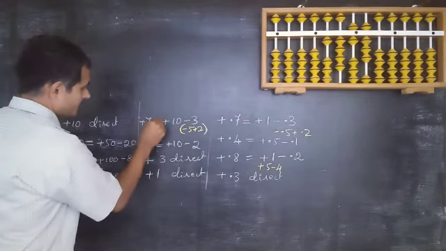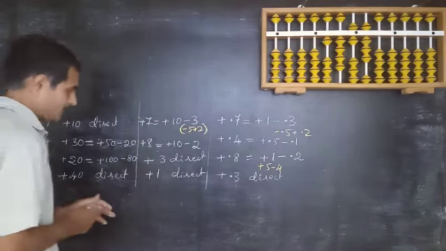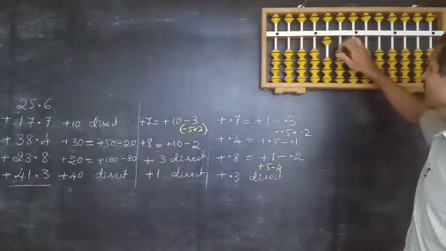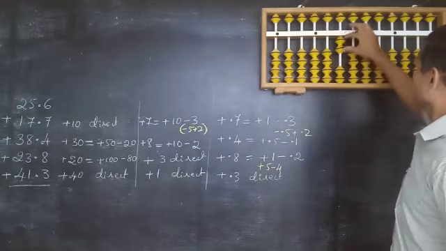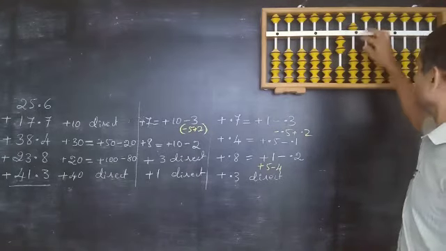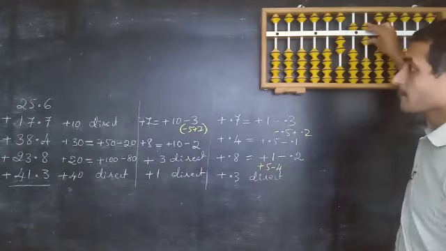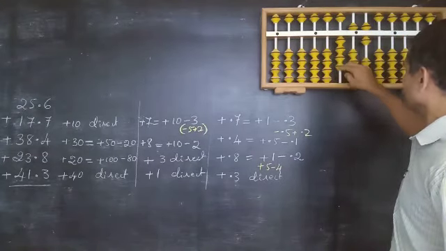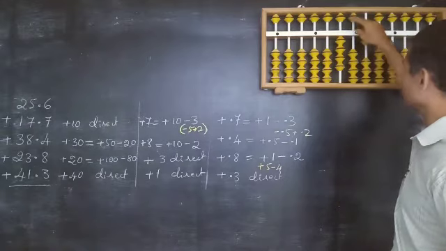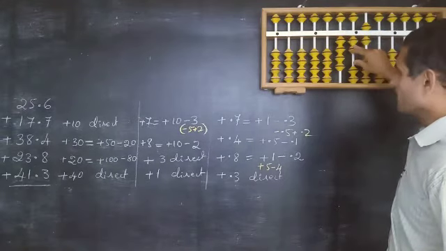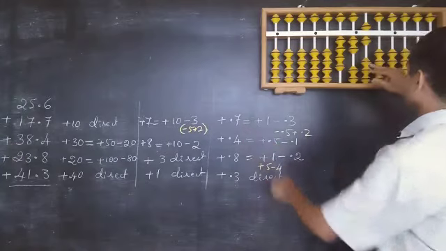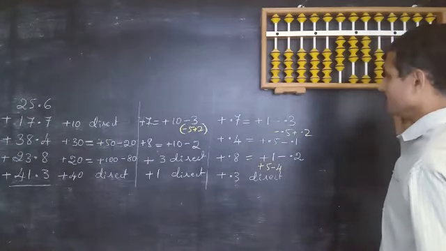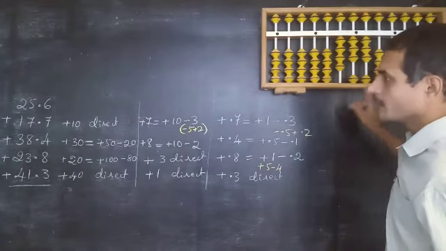Little alignment I made, nothing corrections. 25.6 plus 17.7: plus 10 direct, plus 7 equals plus 10 minus 3 equals minus 5 plus 2, plus 0.7 equals plus 1 minus 0.3 equals minus 0.5 plus 0.2.